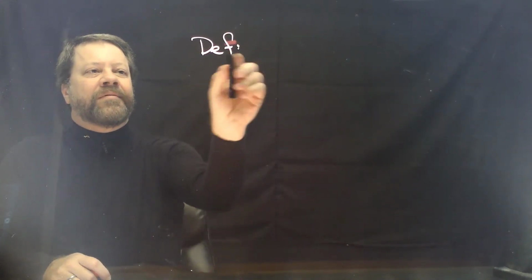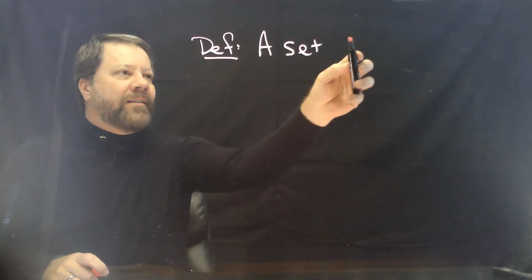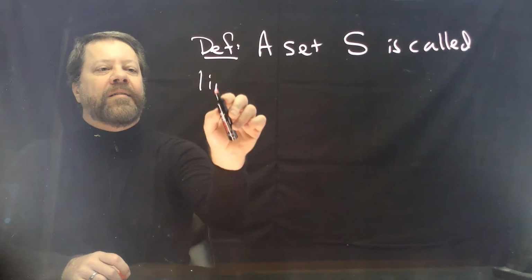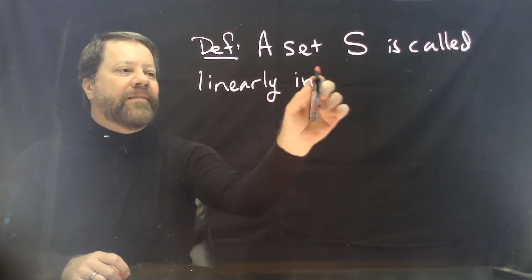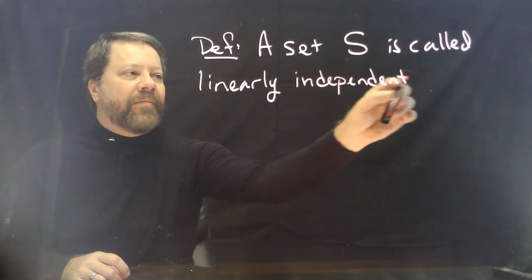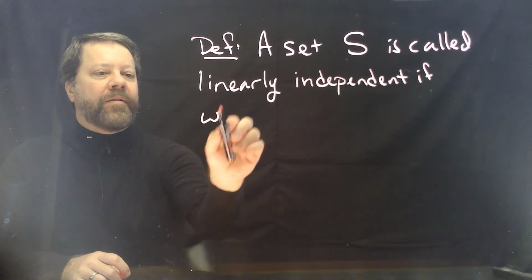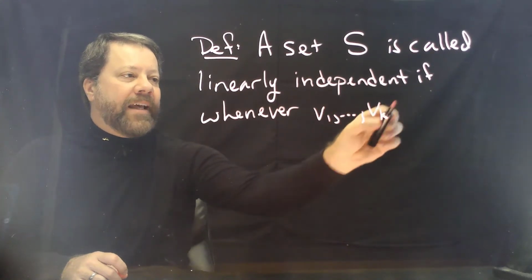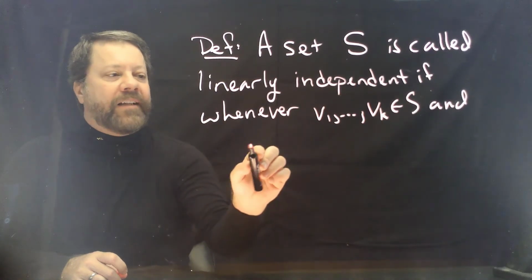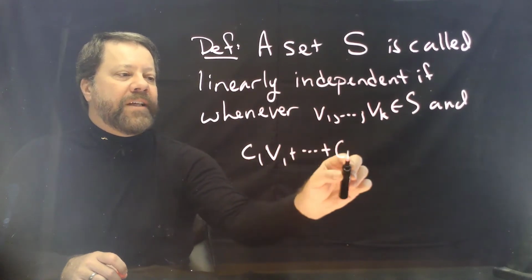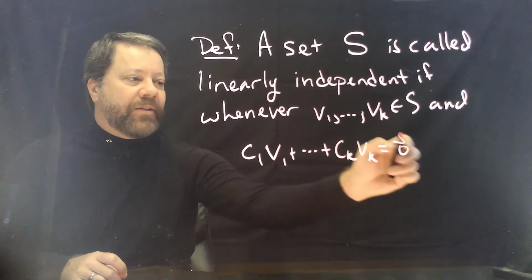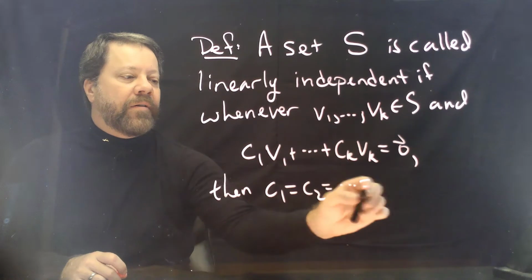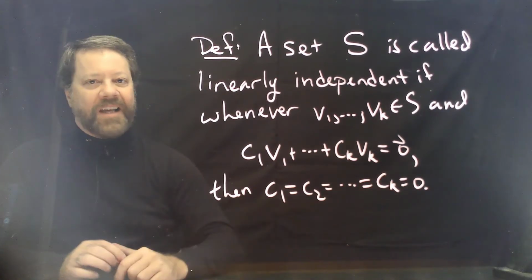Also, a set S is called linearly independent if whenever V1 through Vk are in S, and we have a linear combination C1v1 through CKVK that is the zero vector within a vector space, then all of the coefficients are zero scalars.